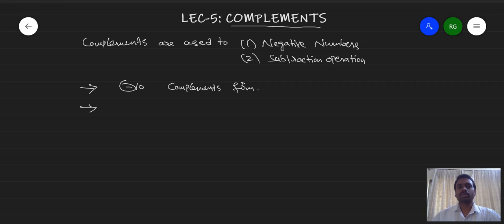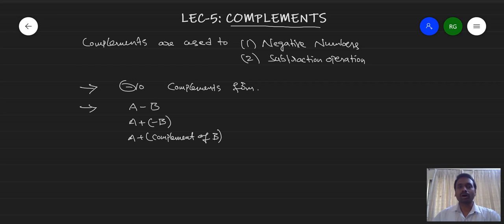Let us say I want to perform a subtraction between two numbers a and b, which can be represented as a minus b. This can be further written as a plus minus b. As we already said, minus b is a negative number, so it can be represented by finding the complement of b, so that it can be written as a plus the complement of b. So finding the complement of b gives the negative of b.